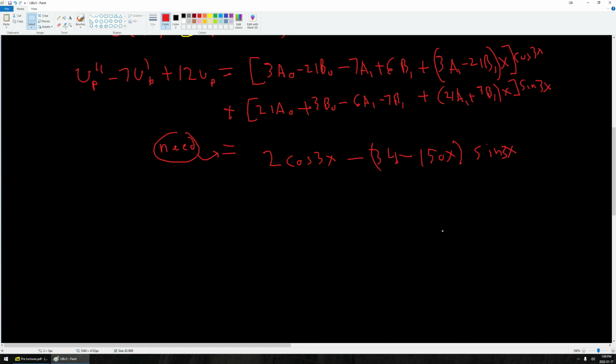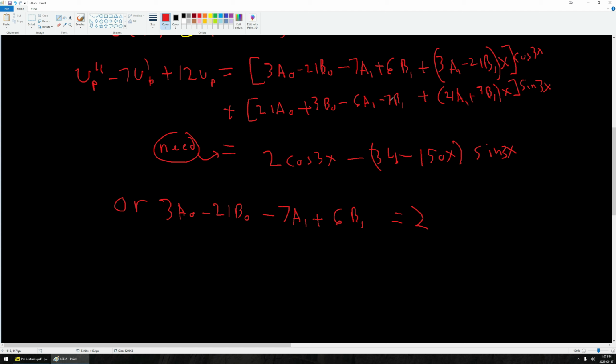So what I then do at this point is I set up a system of equations. If these things are going to be equal, I need 2 to be equal to the constant term here. So explicitly, I'd have 2 equal to 3a naught, minus 21b naught, minus 7a1, plus 6b1.